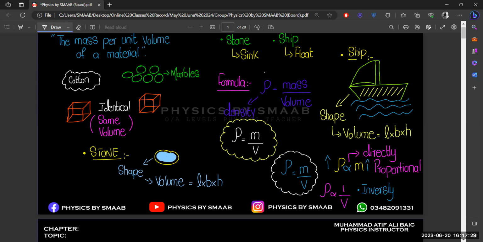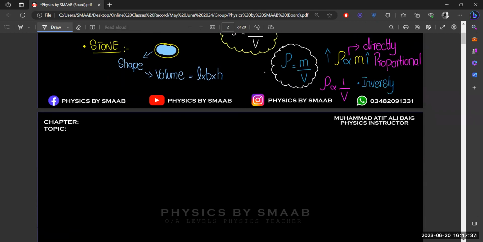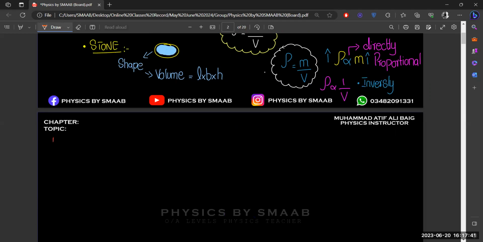In directly proportional, we know that if one quantity increases, the second quantity automatically increases. I will write the definition for these terms too, so that it will be easier for you to memorize. So we have the concepts of directly proportional and inversely proportional. What is the concept of directly proportional?